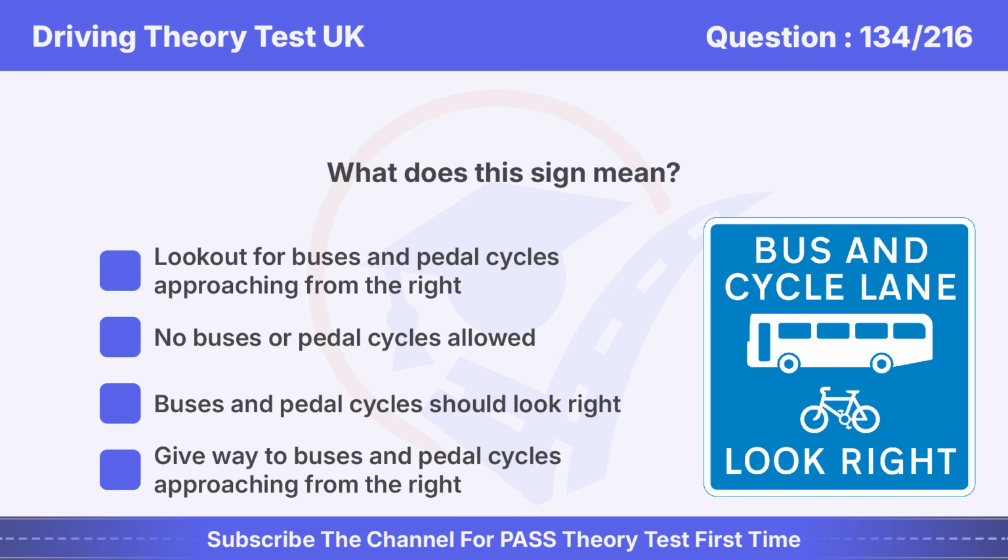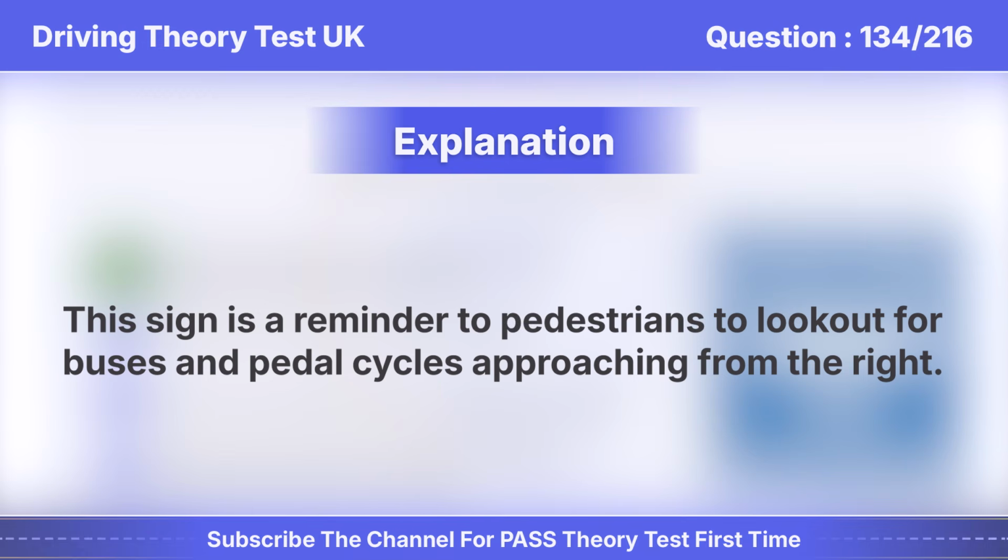Question 134. What does this sign mean? Answer is A. Look out for buses and pedal cycles approaching from the right. This sign is a reminder to pedestrians to look out for buses and pedal cycles approaching from the right.